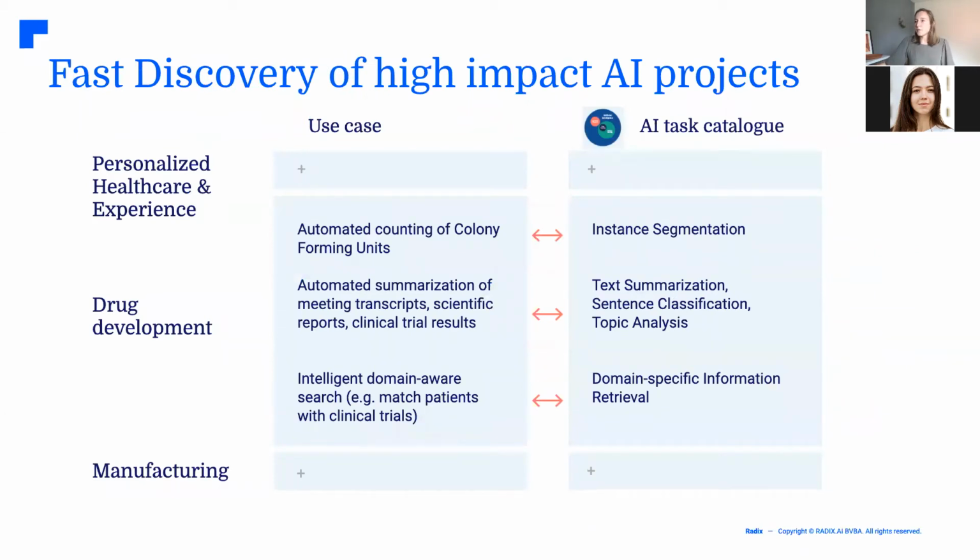Next, in a drug development context, we've also proposed here 3 example use cases that we will explain in a bit more detail. So again, here we see many opportunities, this time more focused on reducing throughput time, so reducing the time that it takes for a drug to get on the market, and reducing costs.